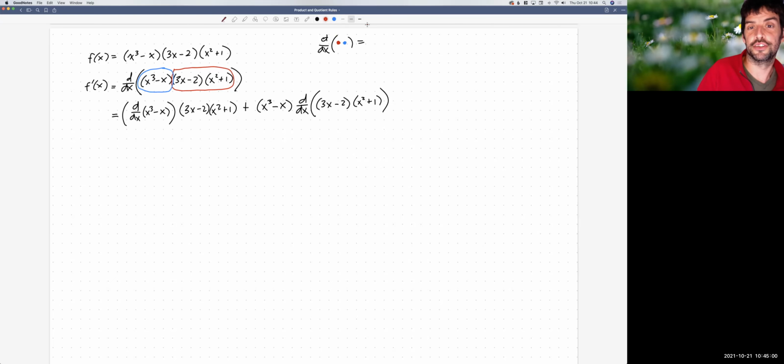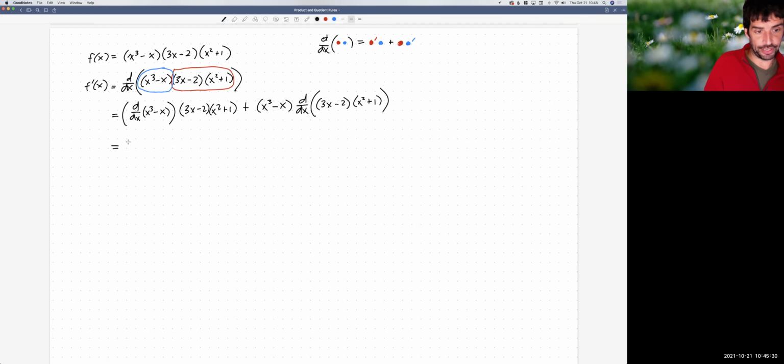And the product rule tells me you get the derivative of the red function times the blue function plus the red function times the derivative of the blue function. Okay, that's our product rule right there. Instead of using f and g, I'm just using little circles to represent these functions, right? But that's what our product rule tells us to do.